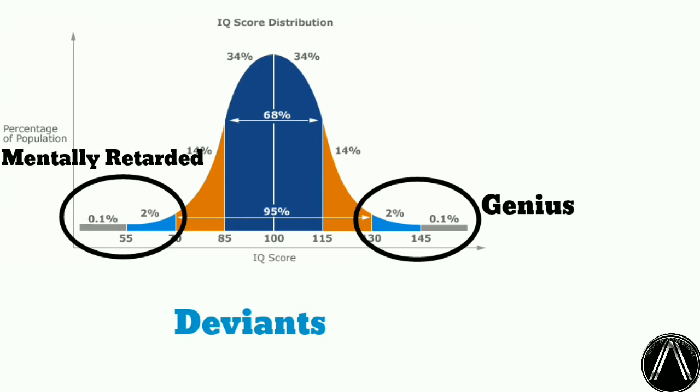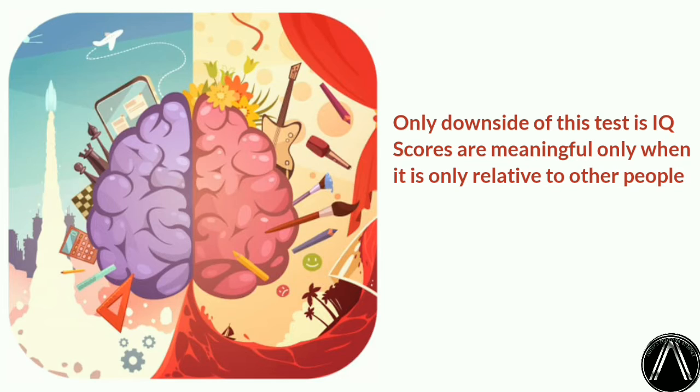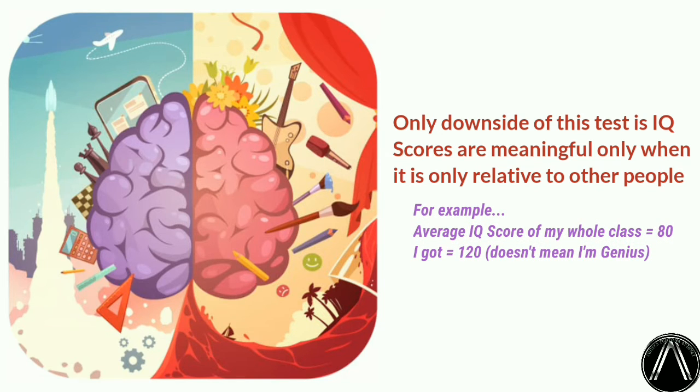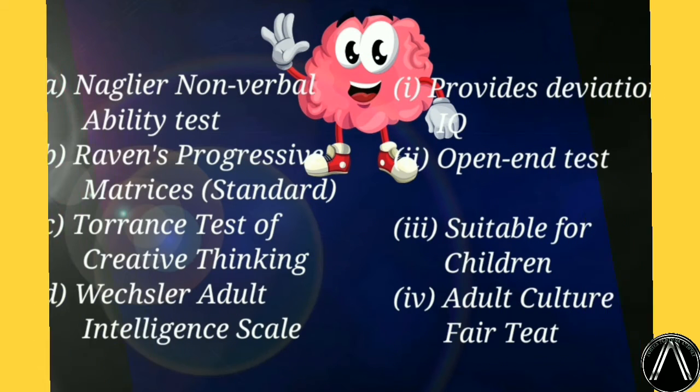Many other intelligence tests later decided to adopt Wechsler's method of standard deviation. Alright, the only downside of this test is that IQ scores are meaningful only relative to other people. For example, let's say the average IQ score of my whole class is 80, and if I got 120 as my IQ score, that doesn't actually mean I'm a super genius. Technically, I'm only smarter than my whole class folks. Understood? Good. By knowing all this, let's match it up.